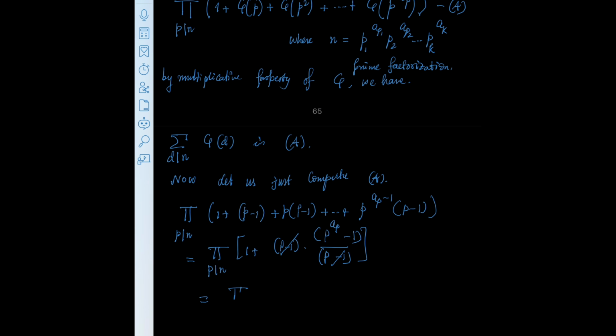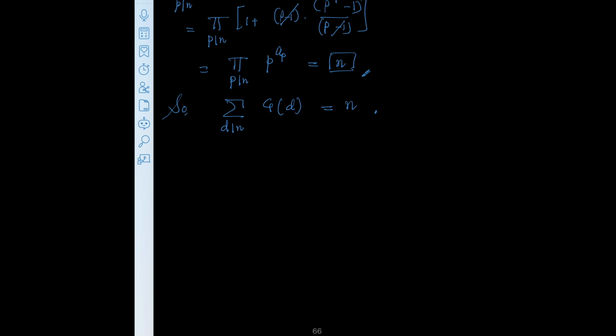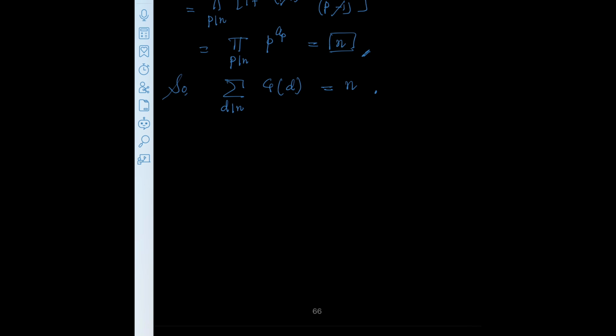So we have the product over p dividing n of p to the power ap, which is n by definition. So the summation over d dividing n of phi of d is n. This result is due to Gauss, and this is a very nice formula.